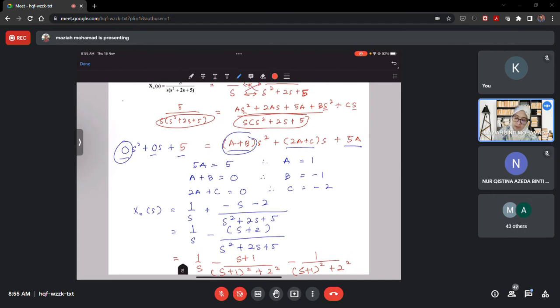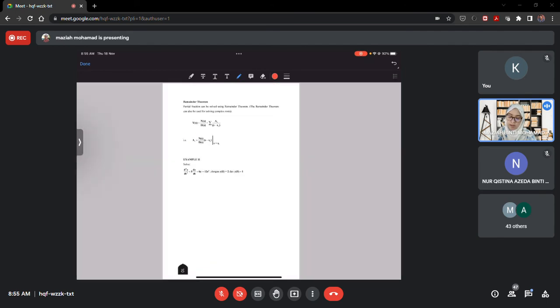I'm just going to write here x naught t equal to 1 over s is 1, and then we have s plus 1 over s plus 1 square plus 2 square. That one is similar to the table we referred to just now.